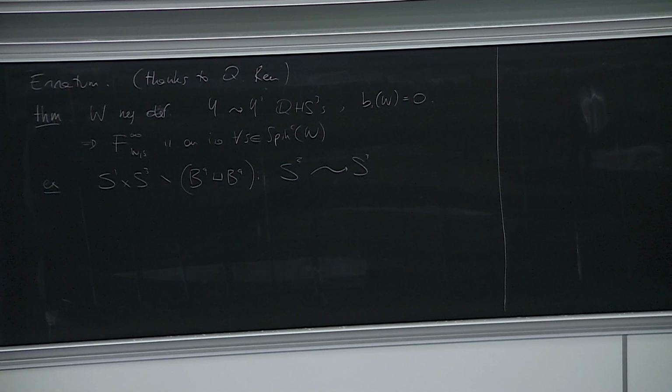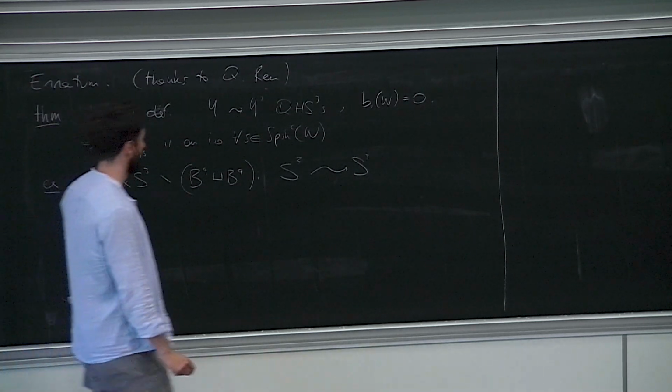Or you can take a handle decomposition of that cobordism, which consists of one handle and two handles. And this is the perfect case where everything is formal. You don't have to do any triangle counts. There are no holomorphic curves involved. And you can just compute everything just formally and show that this map vanishes.